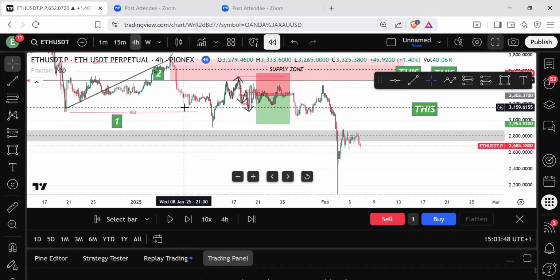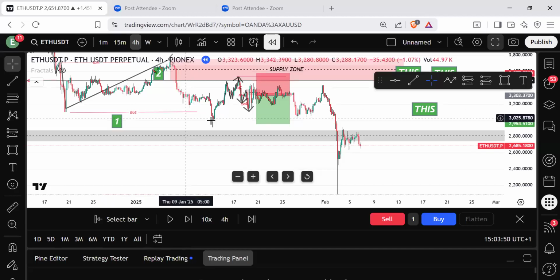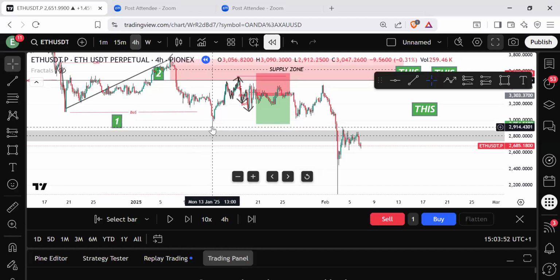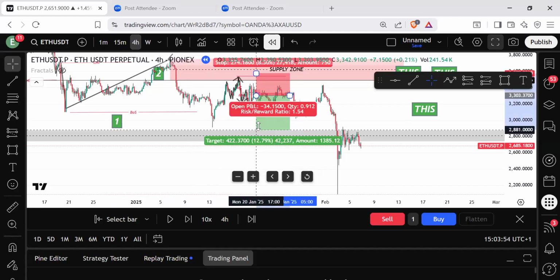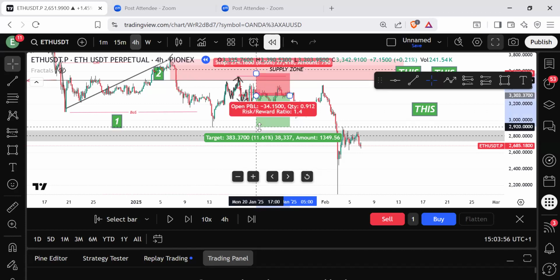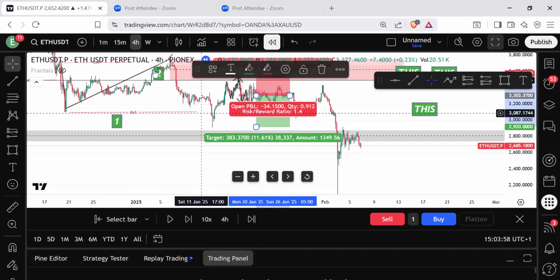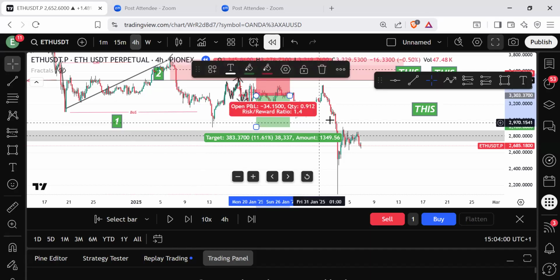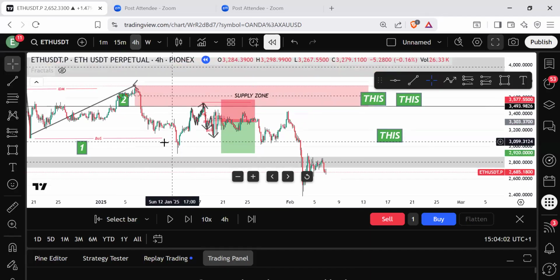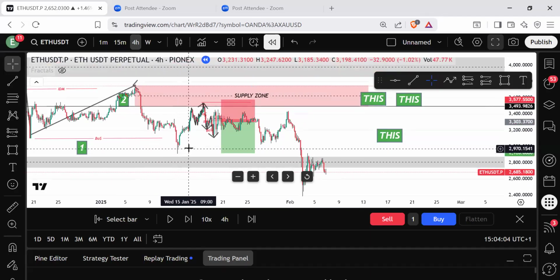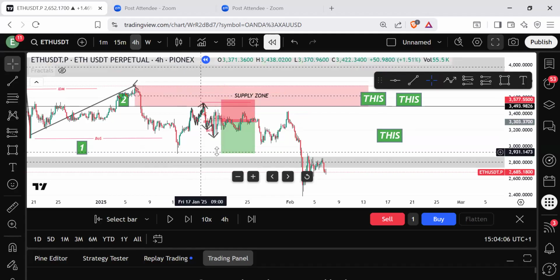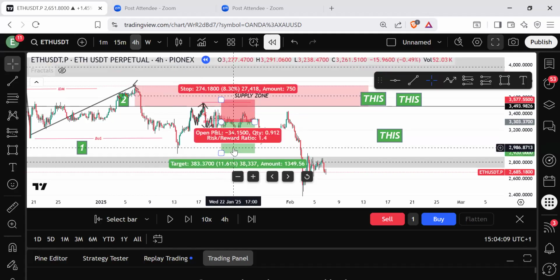The target will be just above the last break of structure, because if the downtrend wants to continue, it has to break it. That's where the first take profit should be.